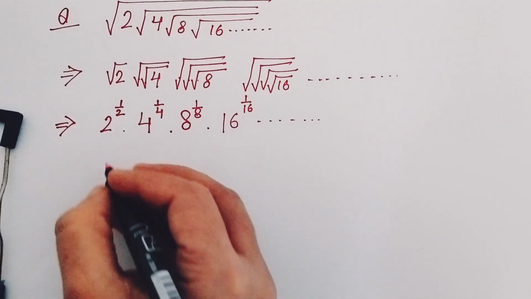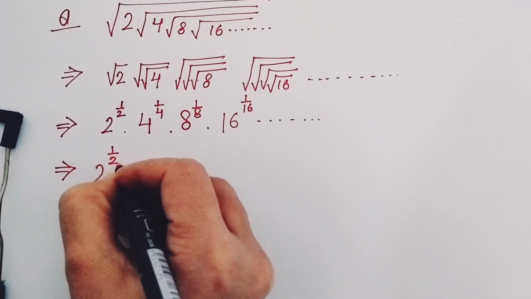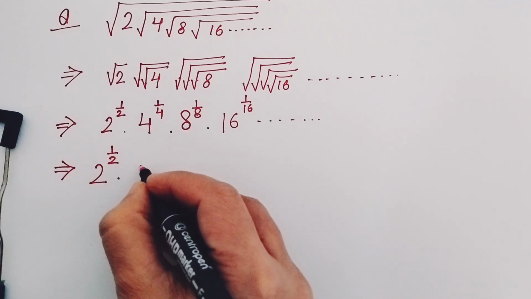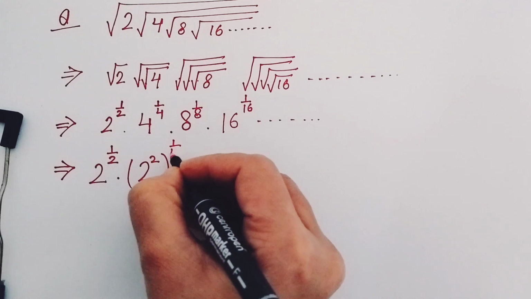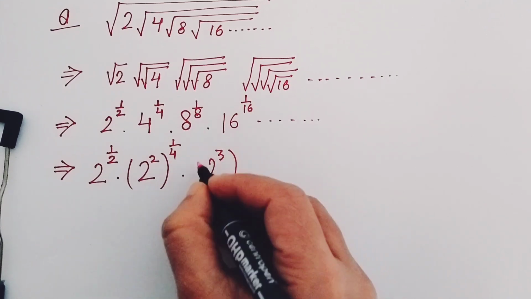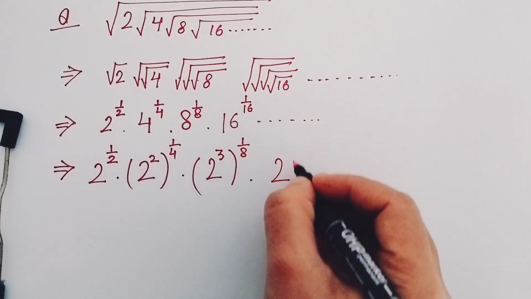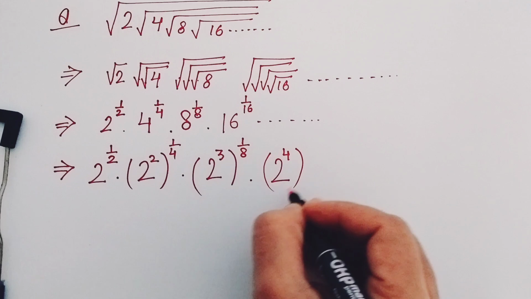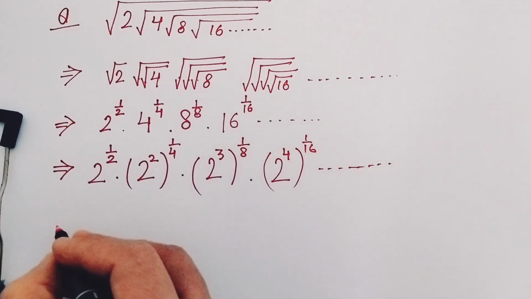Okay, so this is 2 raised to power 1 by 2 into 4 is 2 square raised to power 1 by 4. 8 is 2 cube raised to power 1 by 8. 16 is 2 raised to power 4 raised to power 1 by 16 up to so on.